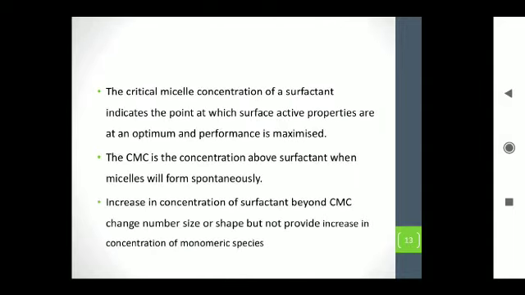The CMC of a surfactant indicates the point at which surface active properties are at optimum performance. Increasing the concentration of surfactant beyond the CMC changes the number and shape of micelles but does not increase the concentration of monomeric species.